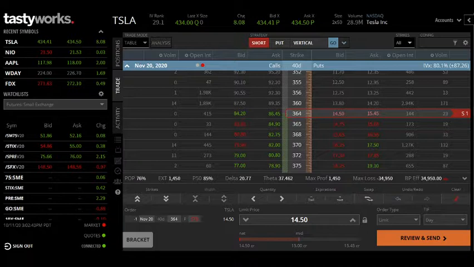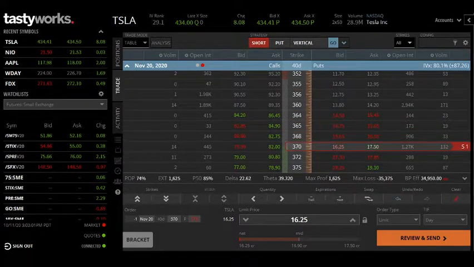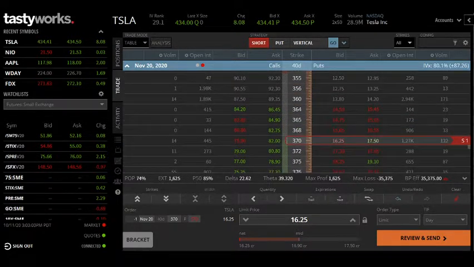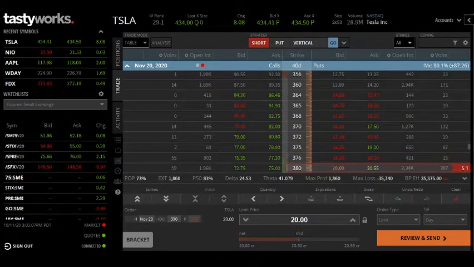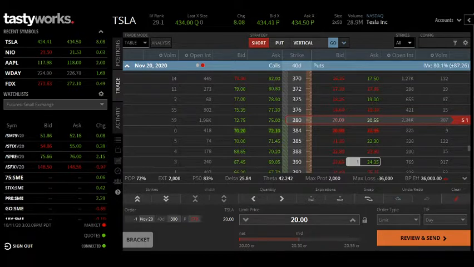On Tastyworks, they use a probability of profit also based off of the bid and ask spread, which is a little more advanced. I usually focus on the deltas more than what they say with the probability of profit. A 20 delta is an 80% probability of profit. 22 delta is a 78% probability of profit. 25 delta, 75% probability of profit.